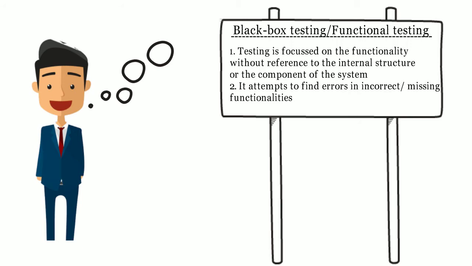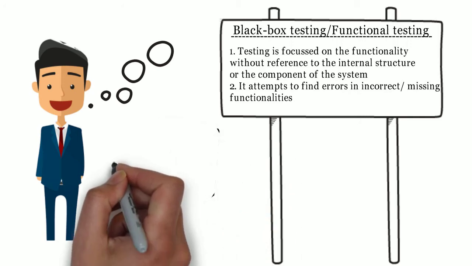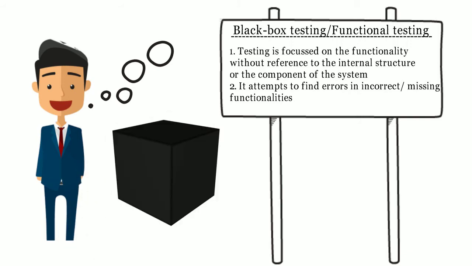The working of functionalities is verified and it tries to find errors in incorrect or missing functionalities. As its name indicates, black box means we cannot see what is inside the box from outside. So without knowing the internal structure or details, the functionalities are blindly tested.